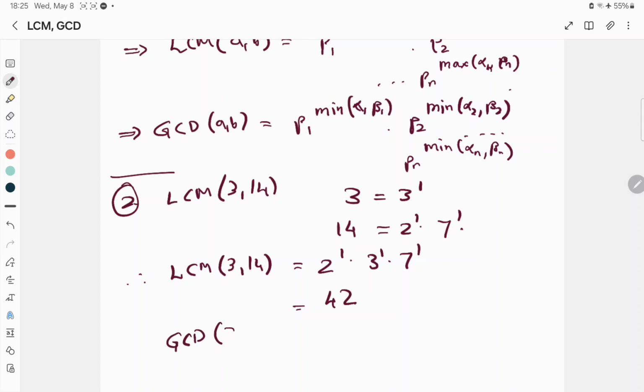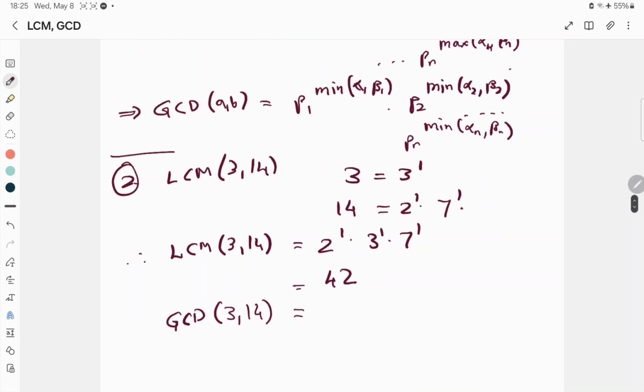And the GCD of 3 and 14 is equal to, now take the common primes basically and take the least power. So this is 2 to the power 0, 3 to the power 0, 7 to the power 0. So there are no common prime factors, the only common factor is 1.